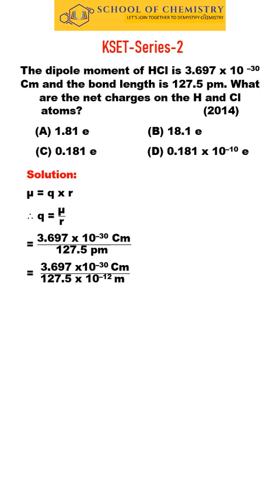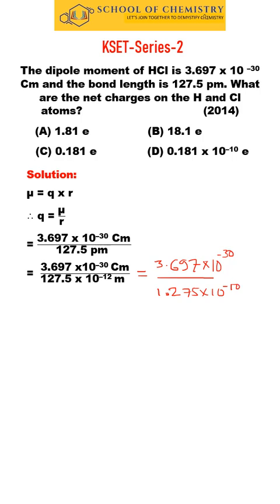The simple way is to keep 3.697 into 10 raised to minus 30 as it is, and simplify the other part as 1.275 into 10 raised to minus 10. Since I moved the decimal point towards the left, 10 raised to minus 12 becomes 10 raised to minus 10.